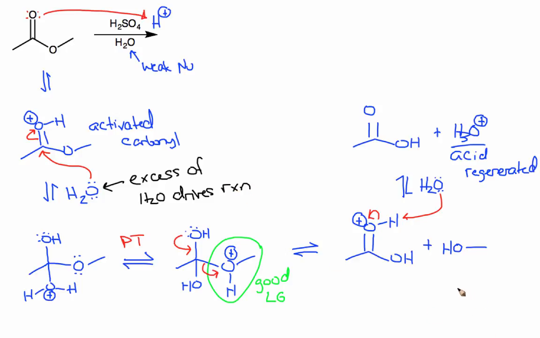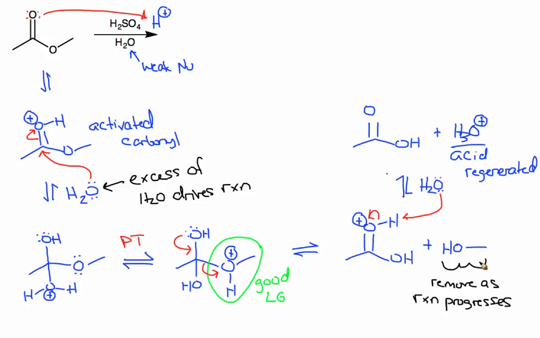Okay, another way you could potentially drive this reaction, since in this step you're losing methanol, is to remove this methanol as the reaction progresses, which will drive the reaction to the right.